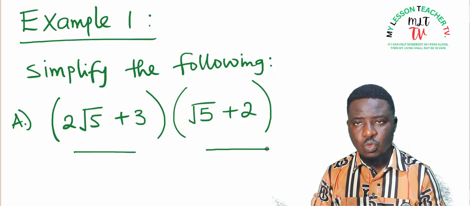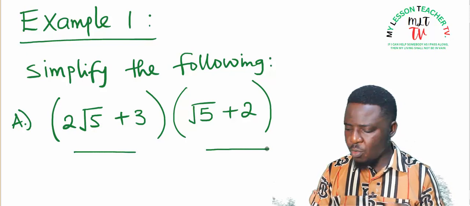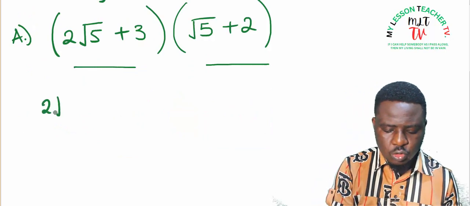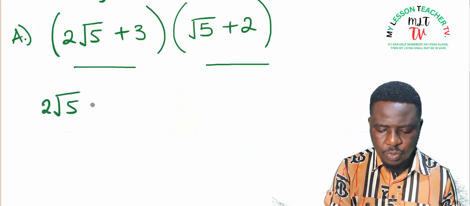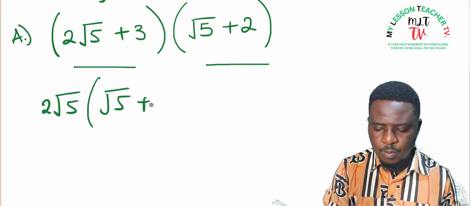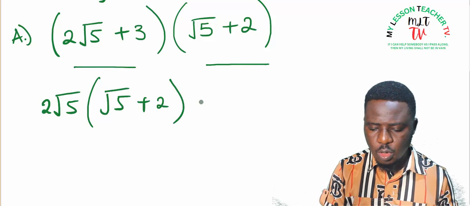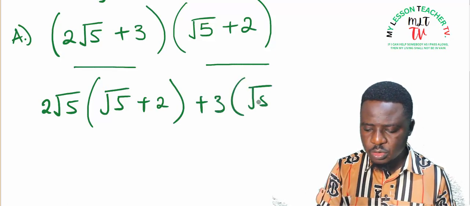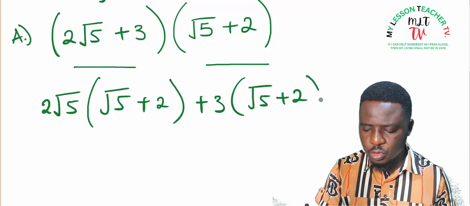Split it into two and in turns multiply the second bracket. So this gives us 2 root 5 into bracket root 5 plus 2, plus 3 into bracket root 5 plus 2.